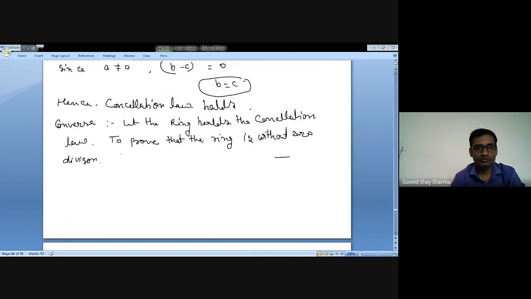let us suppose, assume that the ring is with zero divisor. So AB is equal to 0, A is not equal to 0.